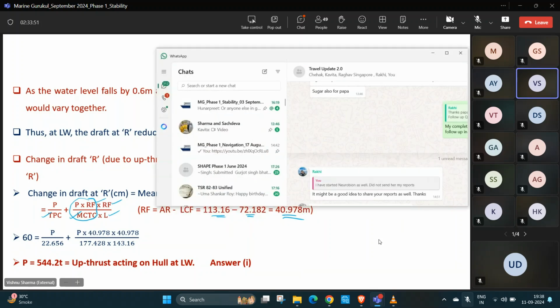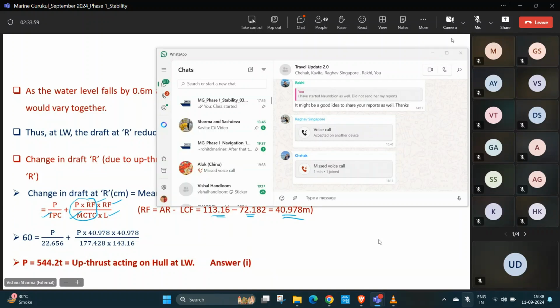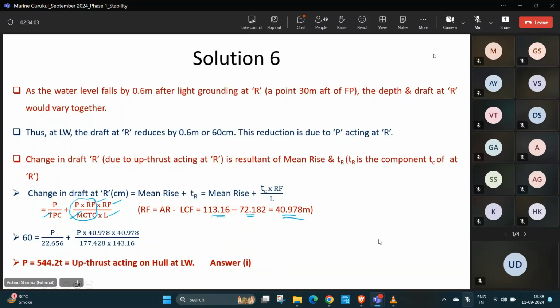Got it, beta? Yes, I got it. Okay, good. Please calculate KM for W minus P and close part B.